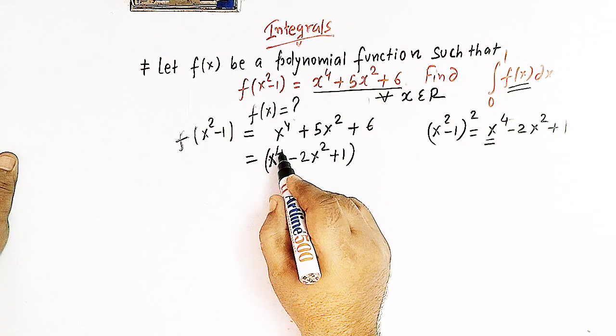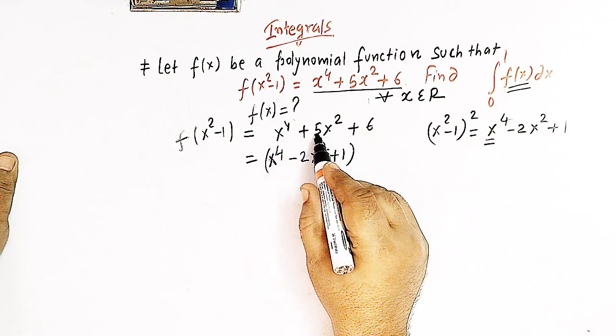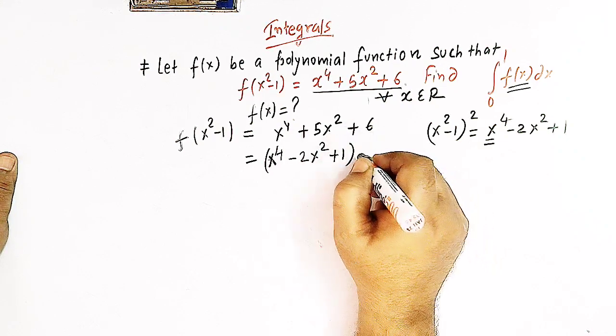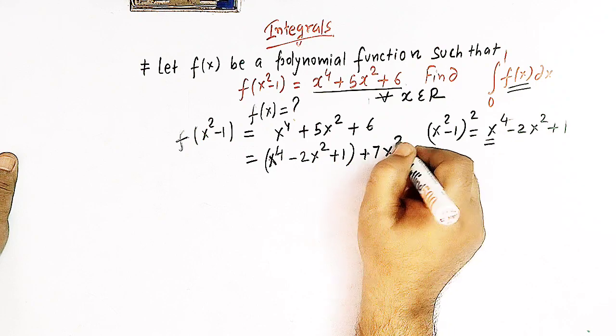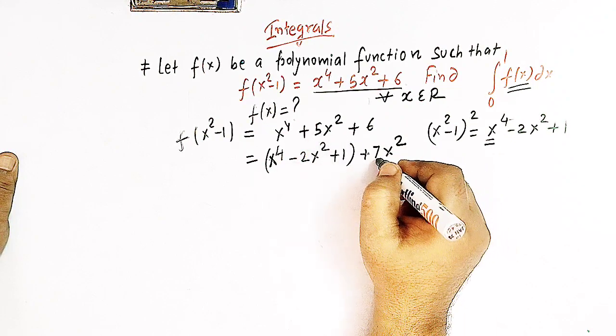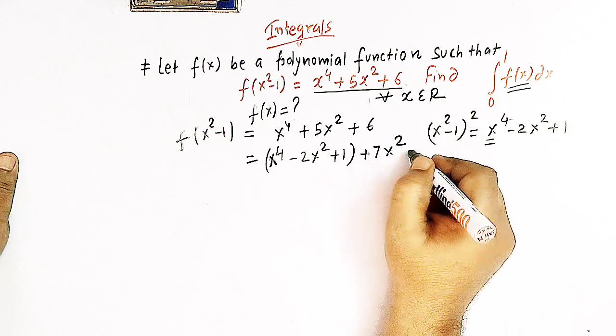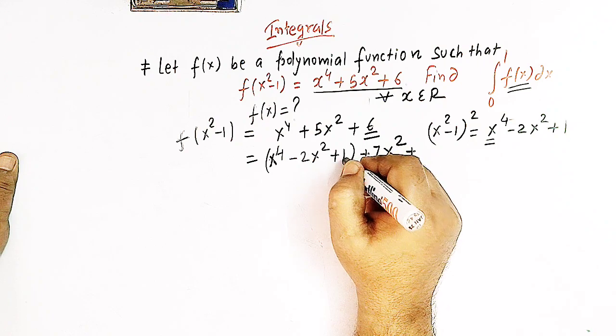So here we have x raised to 4, then here we have minus 2x square, but here we have 5x square. So what we have to do, we have to write here 7x square, because 7 minus 2 is 5. So we have to add 7x square, and here we have 6, and we have already 1 here.